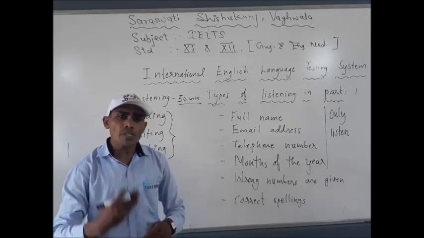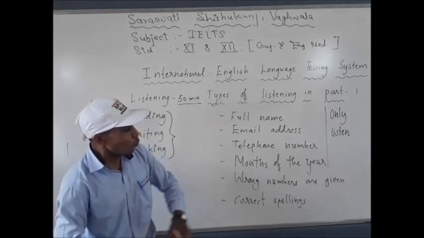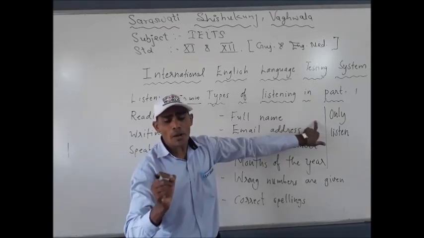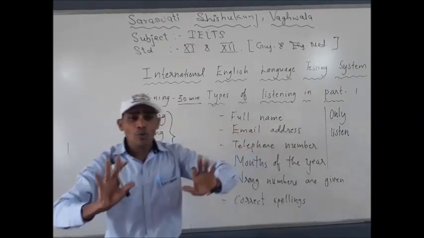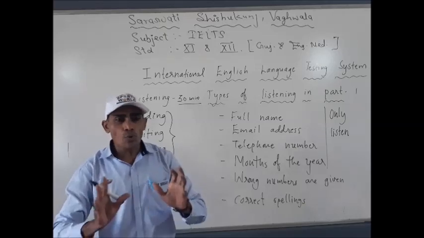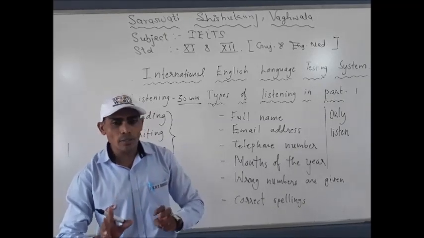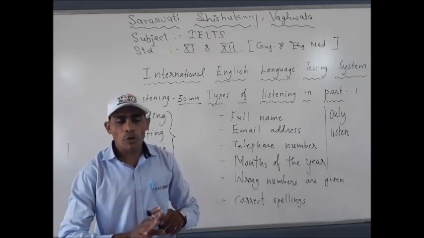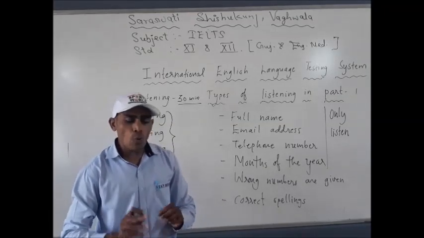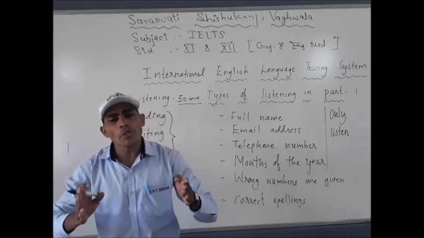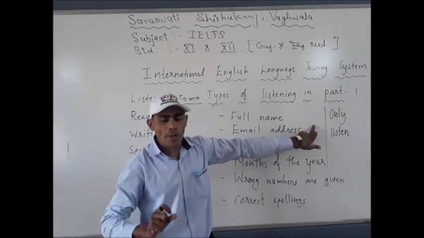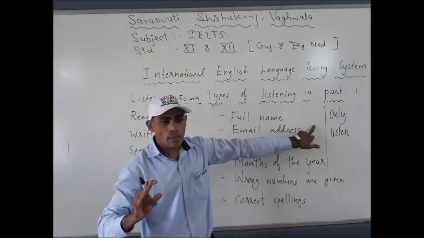So when you want to start, what you need to do is only start listening without getting answers. Don't worry about answers. Don't try to attempt answers. Only do listening of part 1, maybe a conversation, monologue, or asking about information. Only listen till the first part gets over. When you start listening, you will get some ideas.